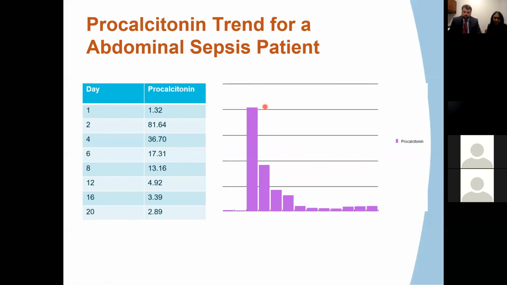Yeah, and this is what we end up seeing in a lot of patients: the procalcitonin starts low and goes really high, and then it goes down as we treat the patient correctly. Sometimes the patient comes in, and here I'll say this is day 1, 2, 3, if you checked it once a day.